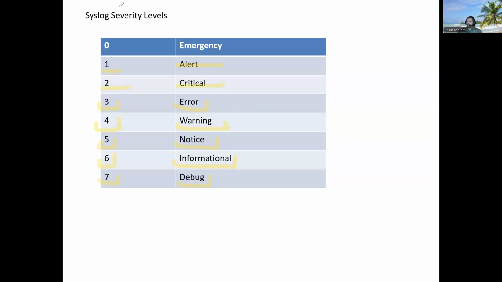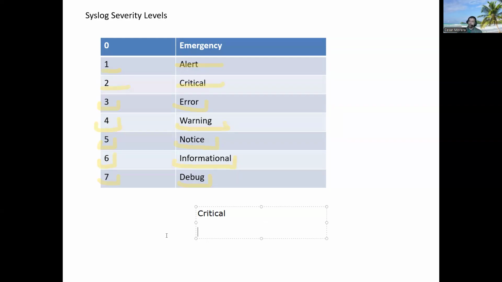So if you have an exam question along the lines of: what is level 2 in the Syslog severity levels, what is the name of that Syslog message? It will be, in this case, critical.